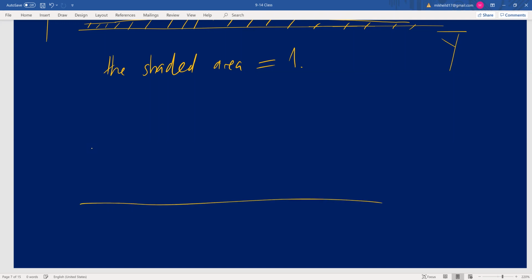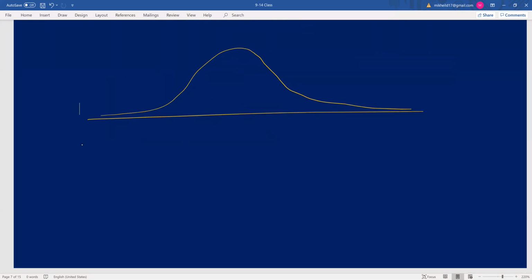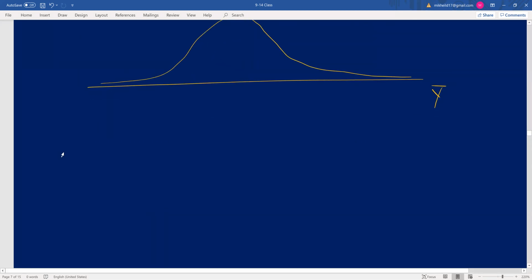Now let me draw this again. Okay, we have y bar here, and we want to know mu of y, but we don't know it. Let's hypothesize that mu of y is mu 0.